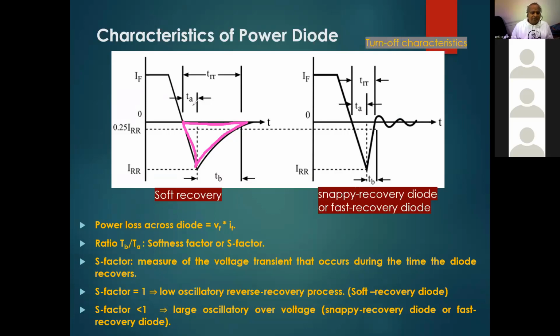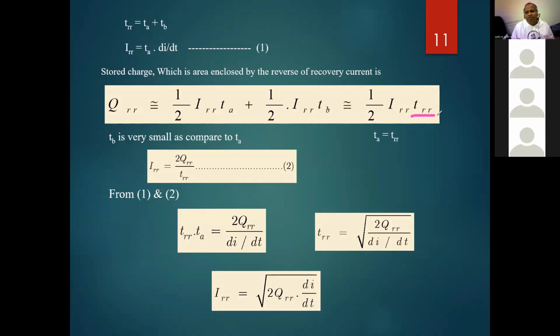The QRR is the area of a triangle, so QRR is half of TA into IRR, the reverse recovery current. Since TA plus TB is TRR, and TB is very small as compared to TA, TA is approximately equal to TRR.